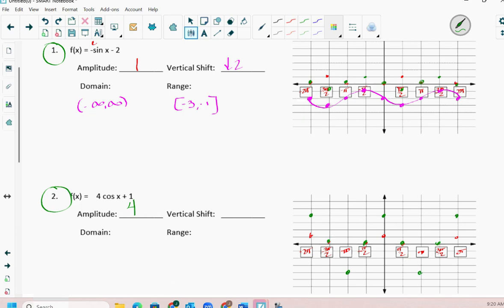I need to open it for you on Delta Math. Give me 1 second here. All right, guys, check those. How'd we do? Going pretty well?